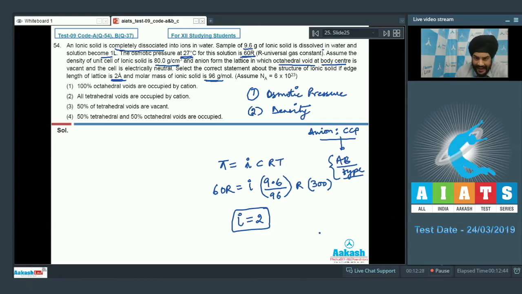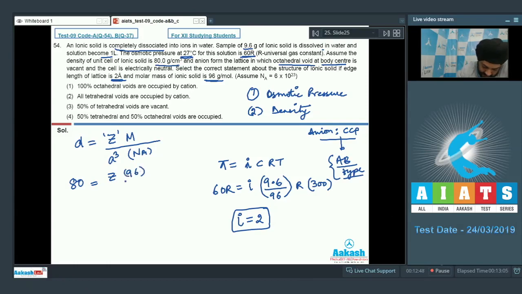Let us now try and solve the density value which is given to us. So we have density given by Z, which is the rank of the unit cell, into molar mass upon a cube into Na. The density given to us is 80 gram per centimeter cube. Z value is unknown. Molar mass is 96. The density given to us is in gram per centimeter cube, so the a value has to be converted to centimeters as well.